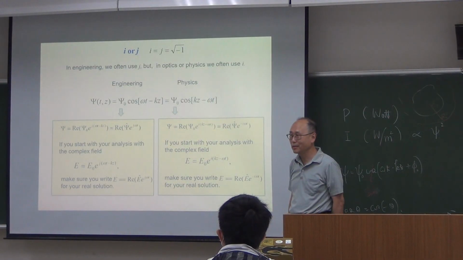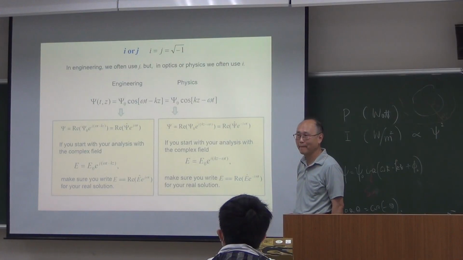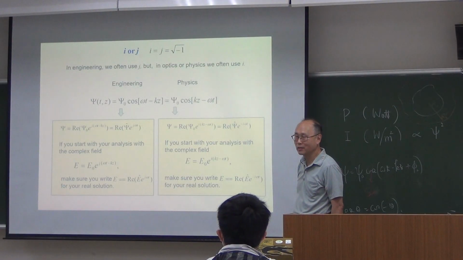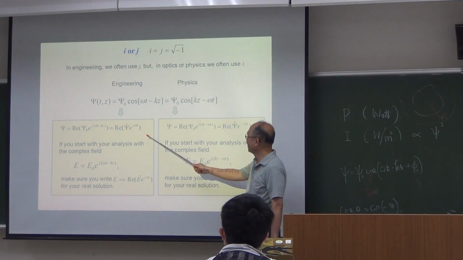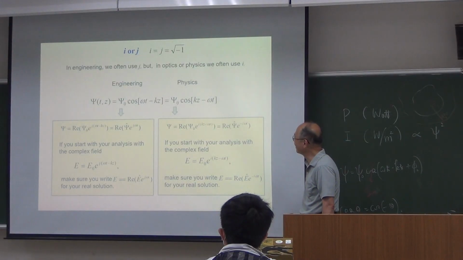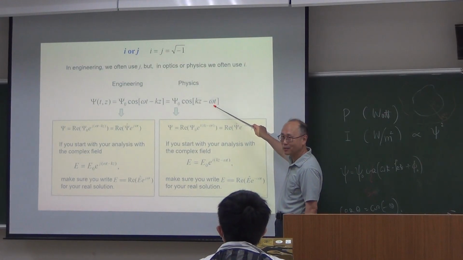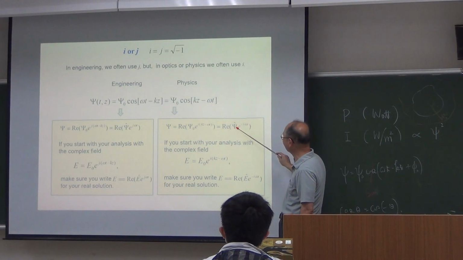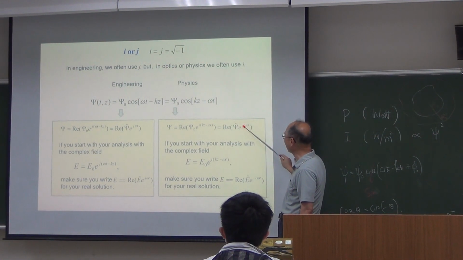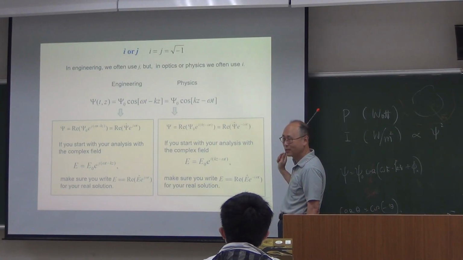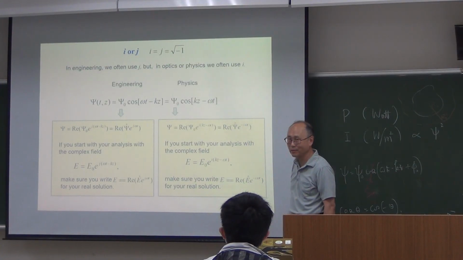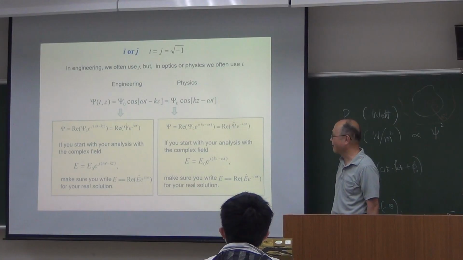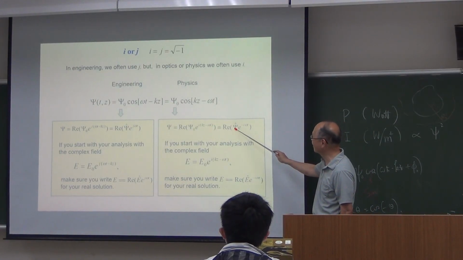Agree? In engineering textbook. Right? When you are in engineering school, then you get this. But if you are in the physics department, adopting this notation, and then you move this temporal part to here with exponential minus i omega t. You can still define a phasor. Okay, you can still define a phasor.